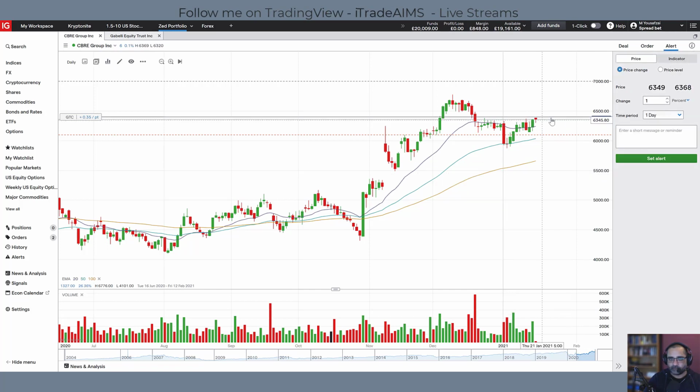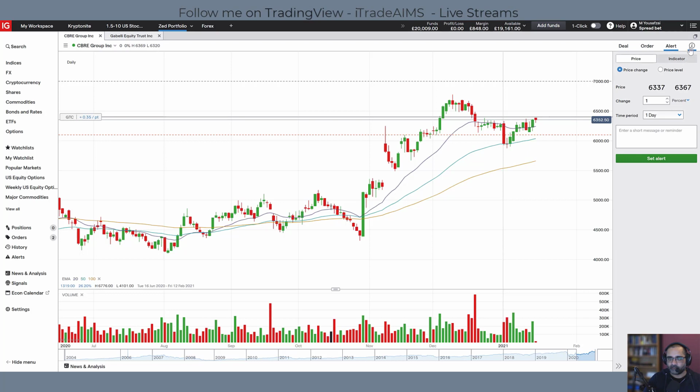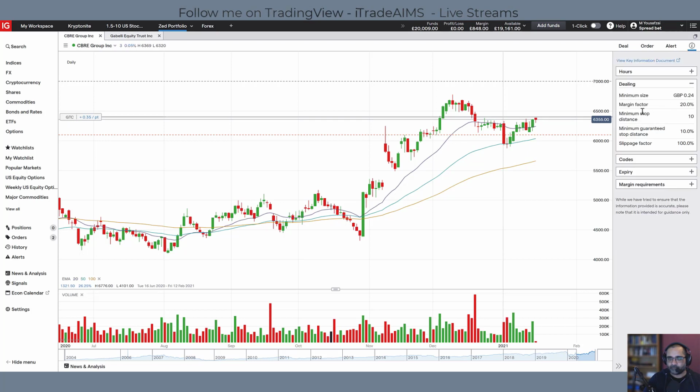We can set alerts on this. If it changes 1% or something like that, that's a pretty good alert. We have these three options here. You can deal, you can order, you can set an alert, and this gives you information about the margin factor. So minimum size bet is 24 cents, margin factor 20%, minimum stop is 10, minimum guaranteed stop, blah blah blah.